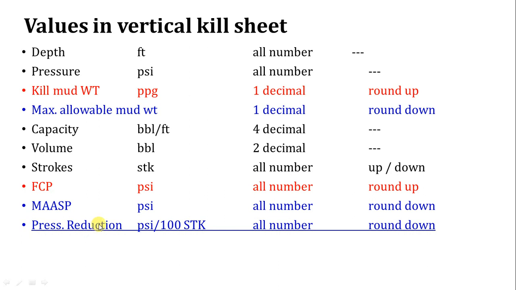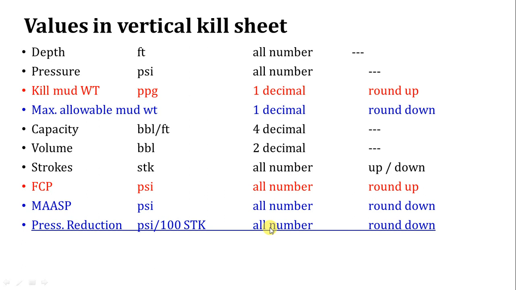The pressure reduction, which is the schedule you make in the wait and weight method, is PSI per 100 strokes. So it has to be put as a concrete number. There is nothing called 1.6 PSI each 100 strokes.